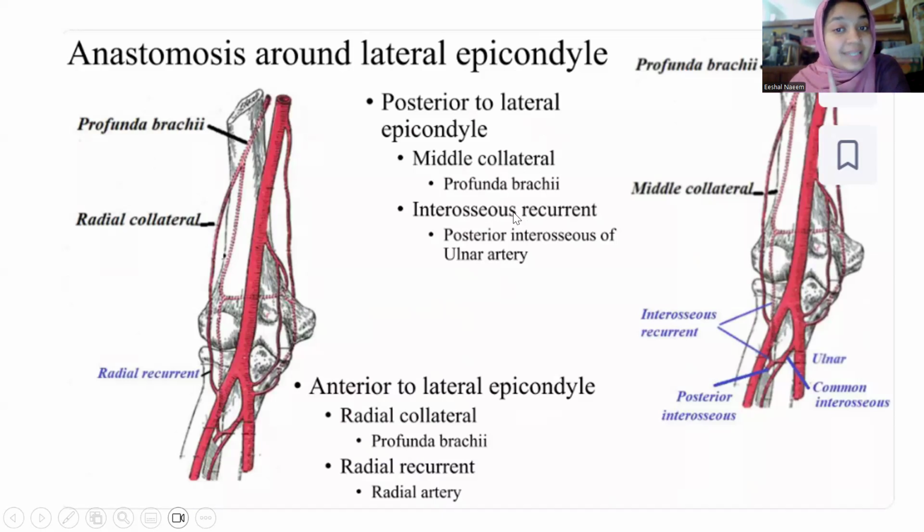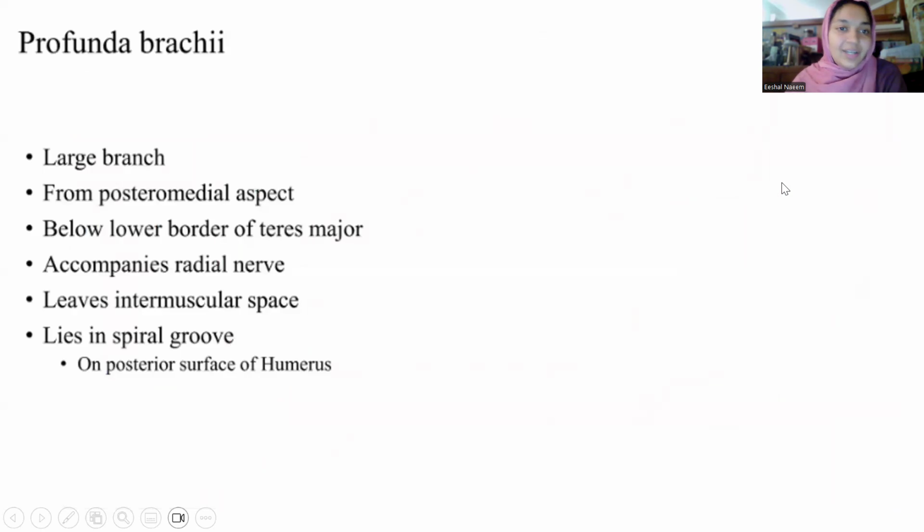The interosseous recurrent artery was a branch of the posterior interosseous artery of the ulnar artery. Okay. So here you can see that there was a common interosseous artery, then there was an anterior and posterior interosseous artery. The posterior interosseous artery was giving us another branch, the interosseous recurrent artery, which was anastomosing with the middle collateral artery of the profunda brachii artery. Okay.